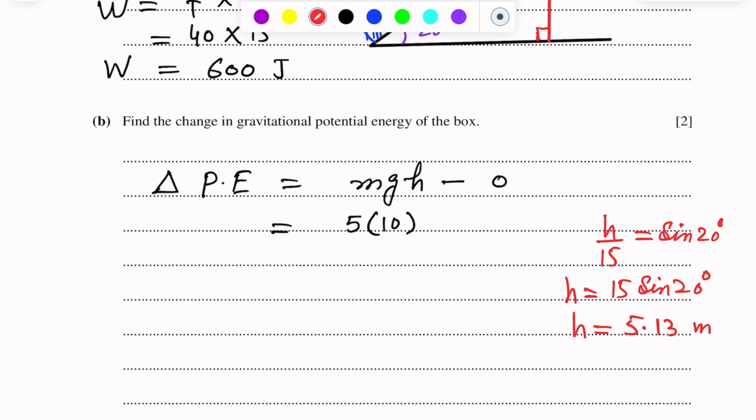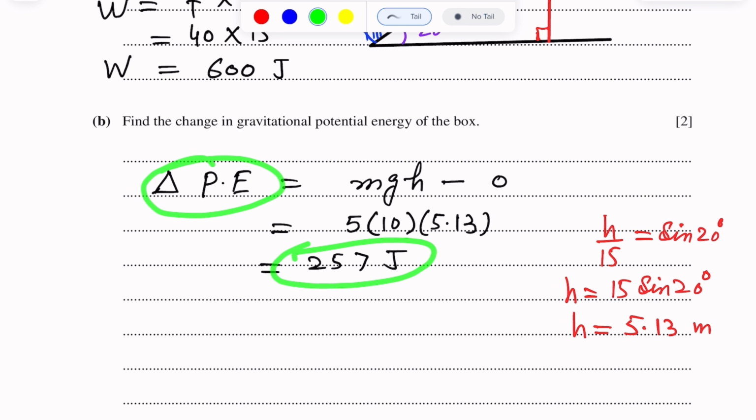So putting here height 5.13, after calculation we get 257 joule, correct to three significant figures. This is the change in potential energy. Change in gravitational potential energy is 257 joule.